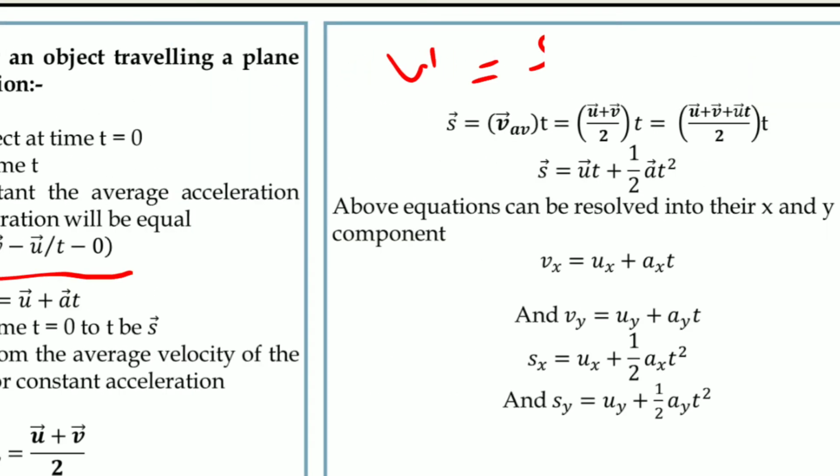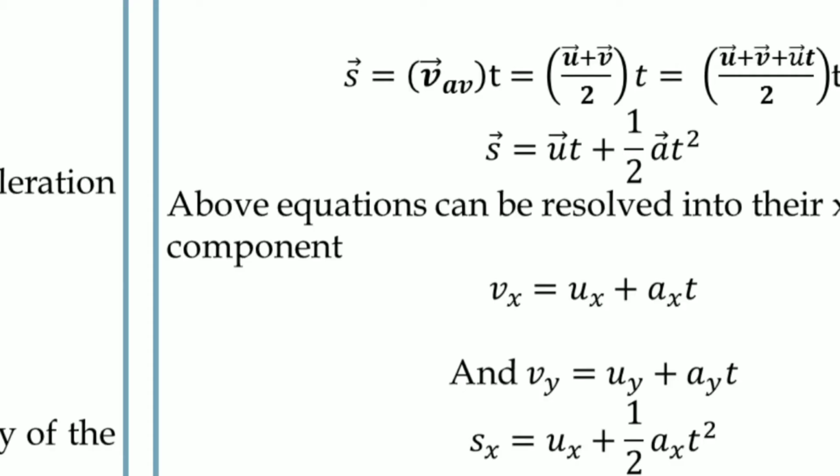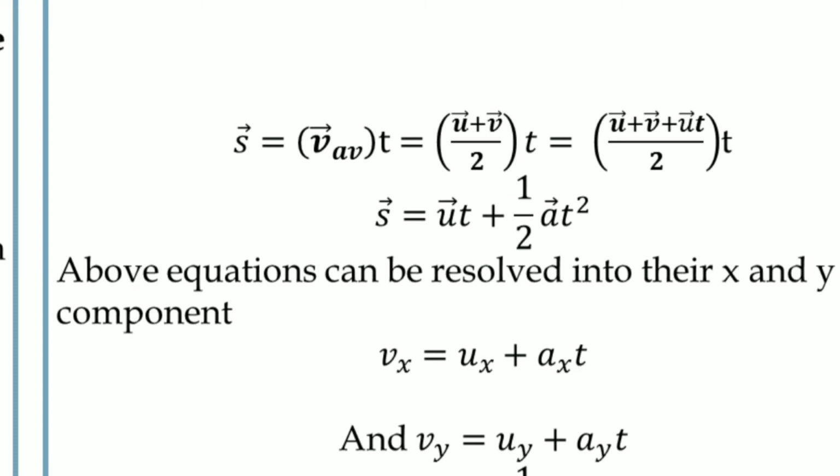So you can write U bar plus V bar divided by 2 into T, as V is equal to S divided by T.